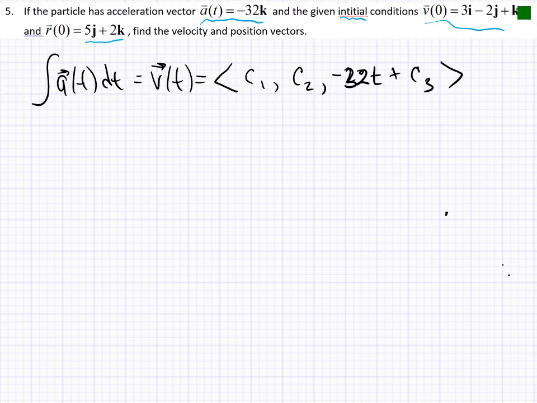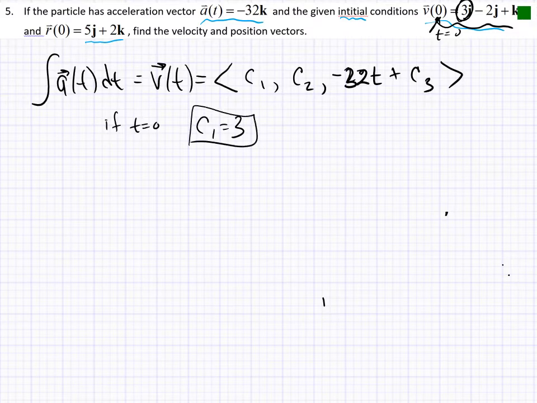Now to solve for those constants, we use the initial condition, and the fact that the first component is 3 when t equals 0. If t equals 0, then c1 has to equal 3. Since there are no t's there, c1 equals 3. Same thing for c2: c2 is equal to negative 2.